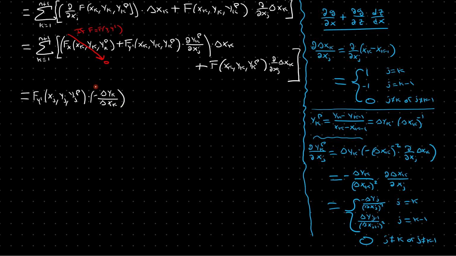And remember, this is the same thing as negative ykp. And then the other term here is when j equals k minus 1.